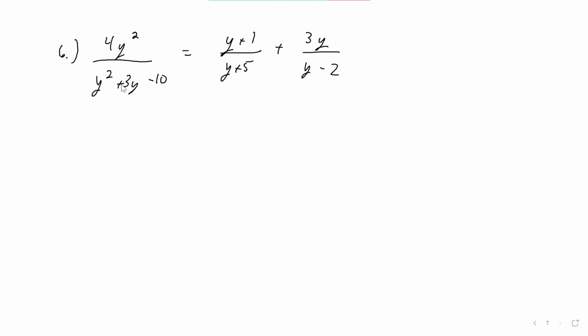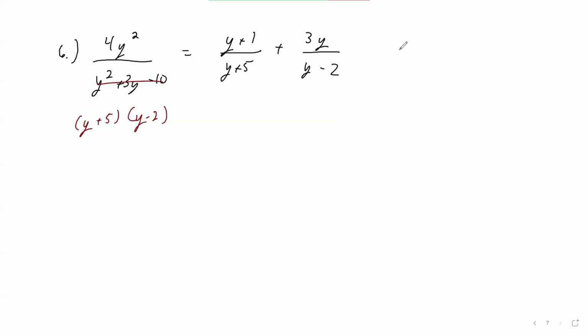I start by factoring. So this right here is going to turn into 2 binomials. All right, so 2 things that multiply to negative 10 but add up to 3 is probably going to be 5 and 2 just by looking at these hints. And I see it's probably a positive 5 and a negative 2. So that goes away.